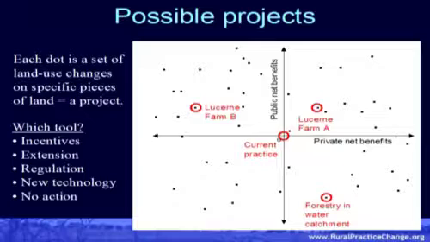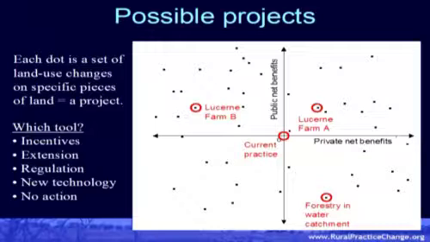And the 0 point is current practice. So all of those dots are the performance of this new practice relative to current practice, a practice that it's going to replace. And there are dots all over the screen.